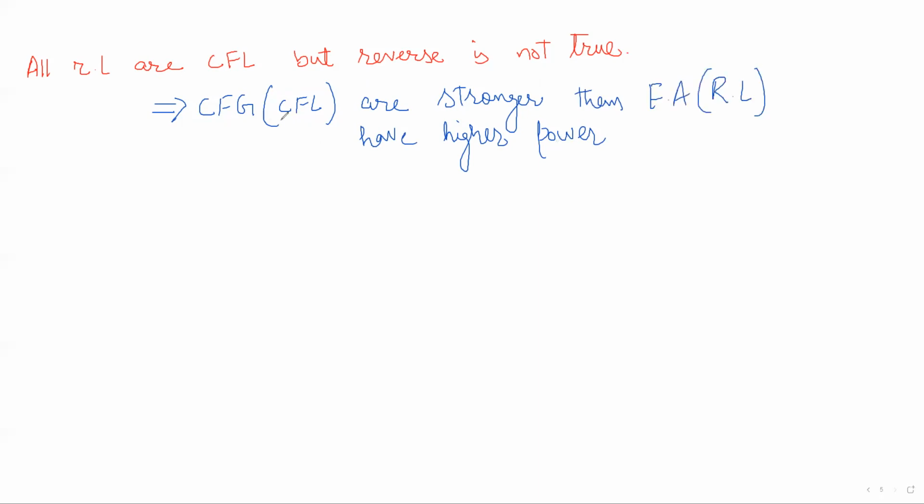So context-free grammars or context-free languages are stronger, they have extra power than finite automata, or we can say regular language.